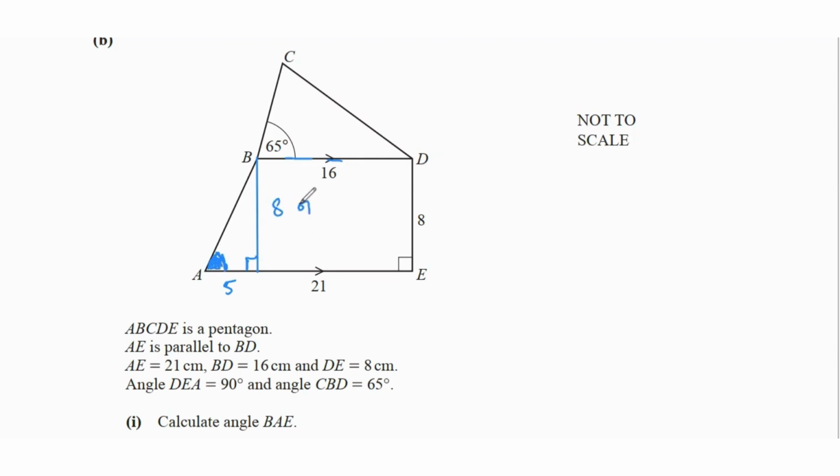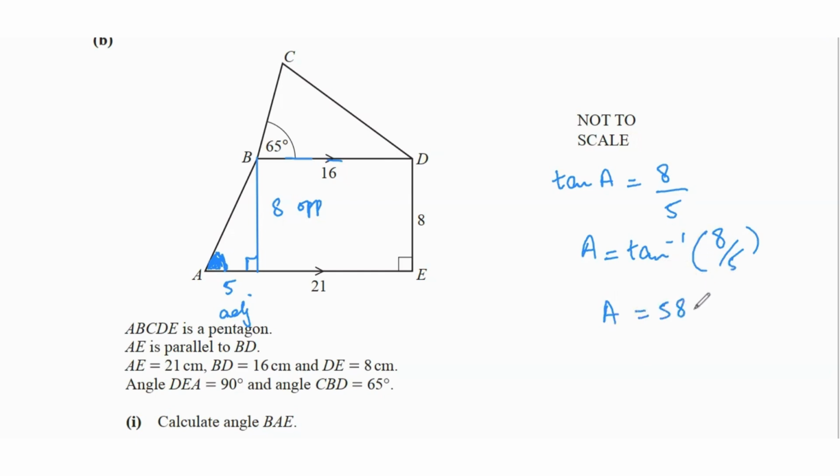We have the opposite, we have the adjacent. So use tangent, tan of A equals 8 over 5. So A is going to be tan inverse of 8 over 5, which is basically going to give us 58 degrees.